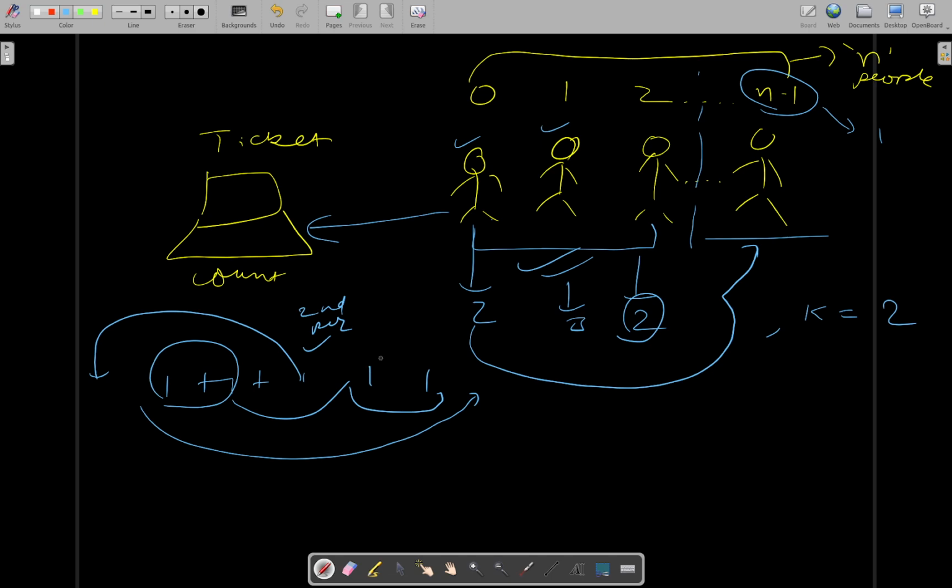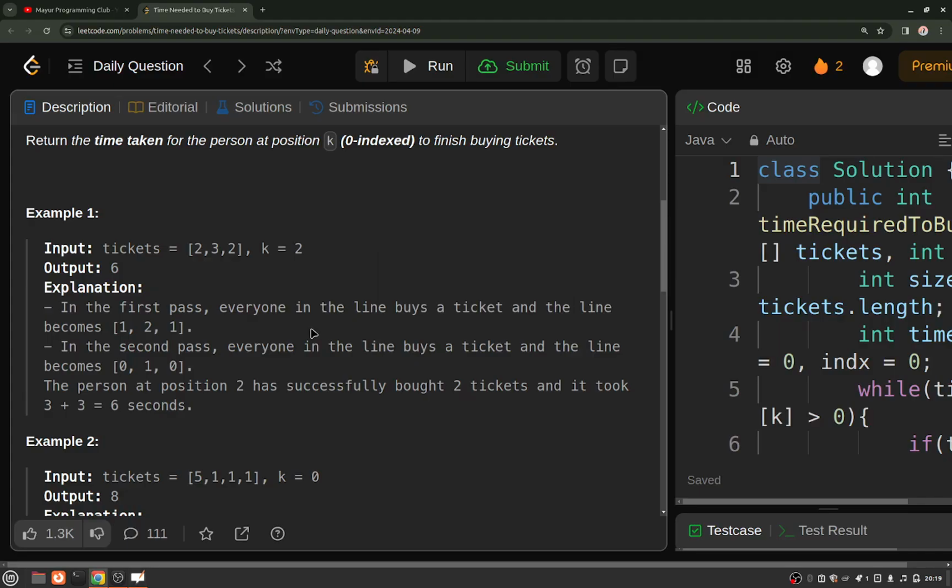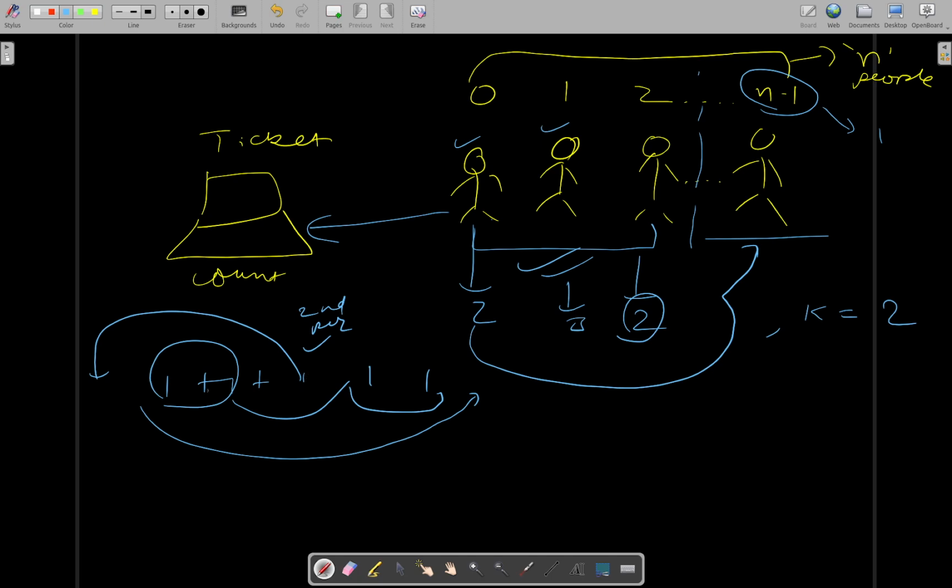Then again it will take him exactly 3 units of time. That's why he is taking a total of 6 units of time. I mean this whole cycle, 1 plus 1 plus 1, will be repeated twice. Each person, once he buys a ticket, if he wants to buy more, will stand at the end of the queue.